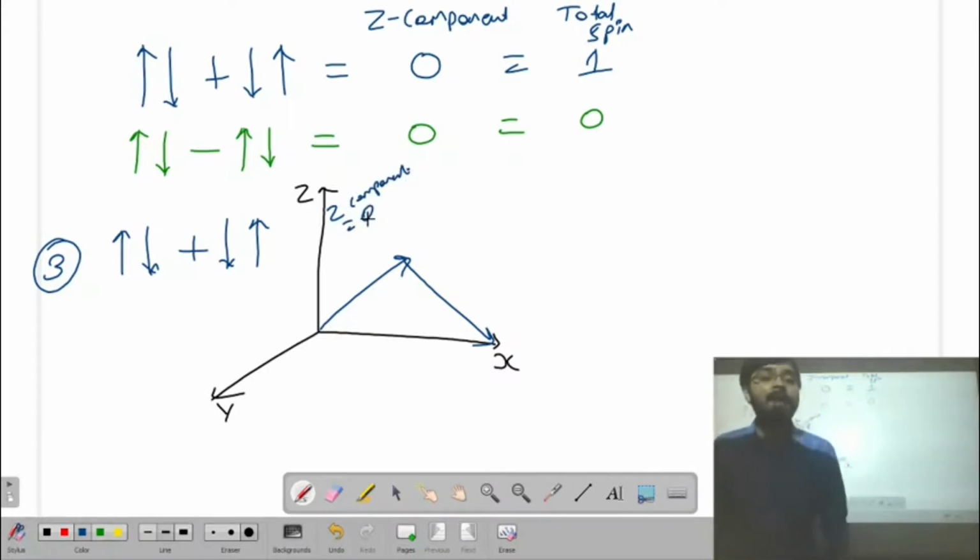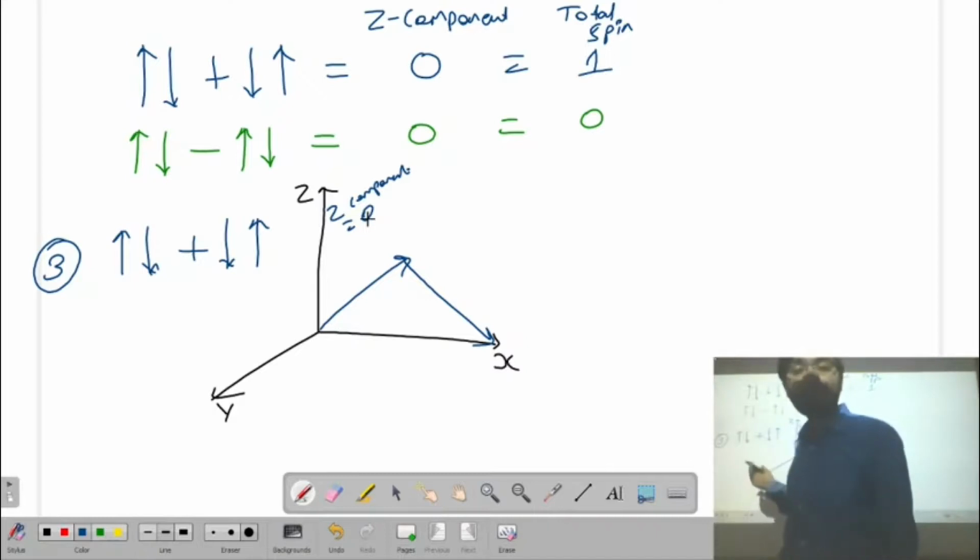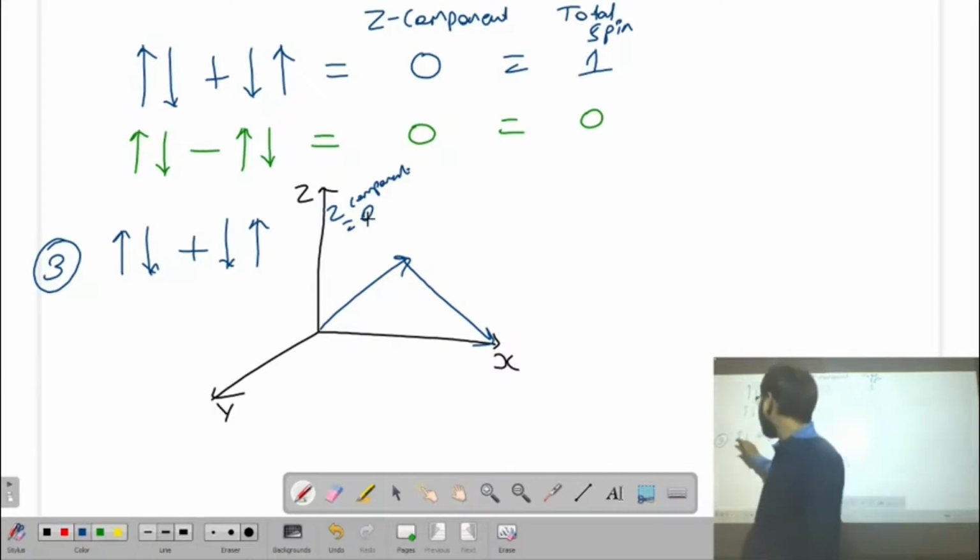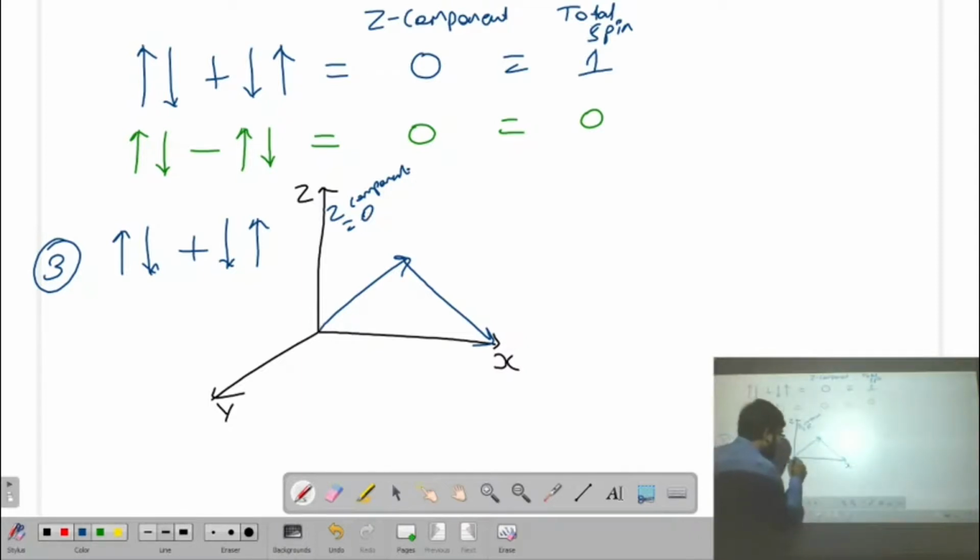But the spins are adding in some other direction. As both are adding in another direction, we will have vector S, that is total spin, that is equal to 1. As the resultant vector is not in the Z direction, we have Z component 0.